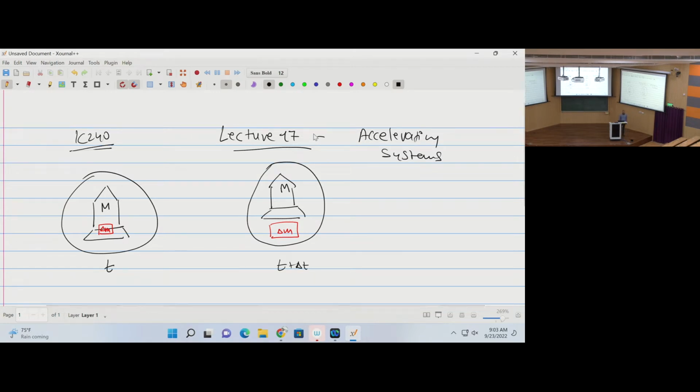Now the rocket was moving at a velocity of v at time t, and at time t plus delta t the rocket has accelerated. That's the whole idea of burning fuel in a rocket. The fuel is leaving the rocket at a relative speed of u.